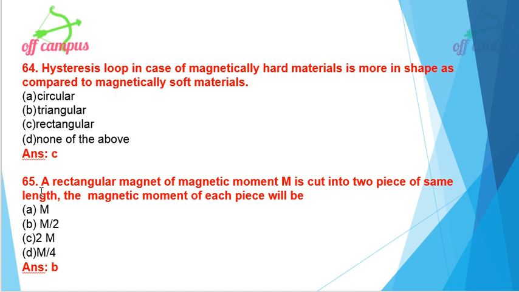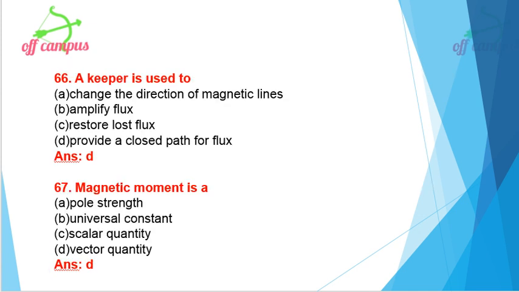Then 65. A rectangular magnet of moment M is cut into two pieces of same length. The magnetic moment of each piece will be M, M by 2, 2M, or M by 4. The magnetic moment of each piece will be M by 2. Option B is the right option. Then 66. A keeper is used to change the direction of magnetic lines, amplify flux, restore lost flux, or provide a closed path for flux.